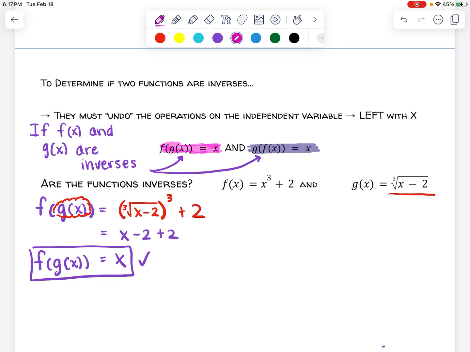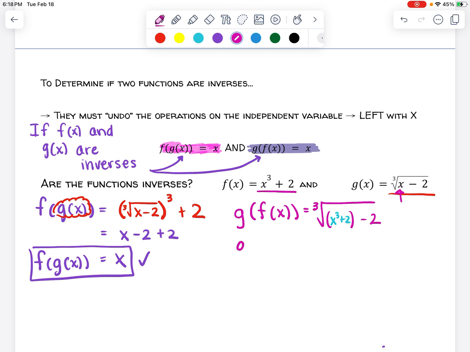The second half is to go and check g of f of x. And what that means is I'm going to plug the entire f function right in here into g. So g is the cube root of something minus 2. And in for that something is going to be x cubed plus 2.